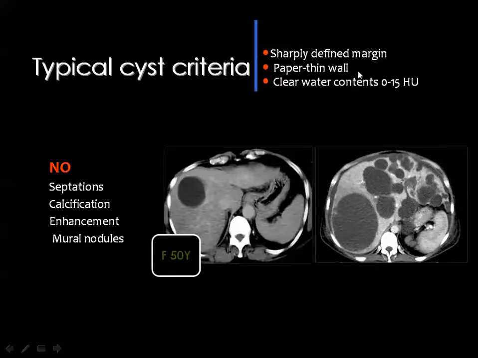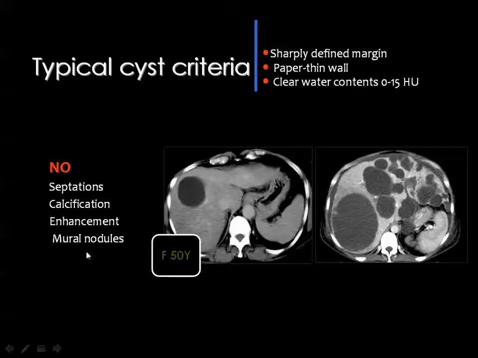The 3 positive criteria are a sharp, well-defined margin, a paper thin wall, and clear water or fluid contents. The negative findings are no septation, no calcification, no enhancement, and no mural nodules. Then if there is a lesion that fulfills these criteria, you consider it a simple benign cyst.